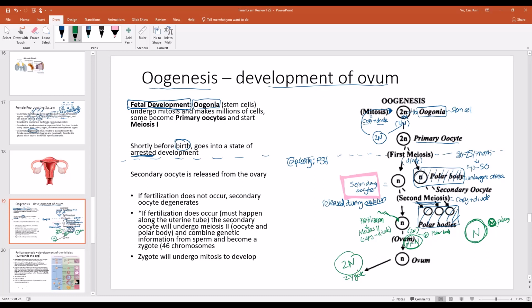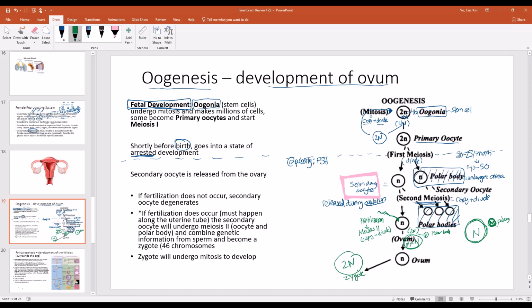Okay, now you continue. And then when you get born, you wait until puberty. Mm-hmm. And then when you start mitosis. Start what? Mitosis. Of what? Of the oogonia. Nope. All of that has already completed once you're born.